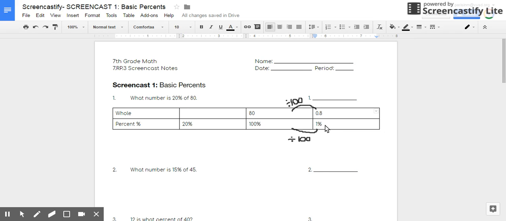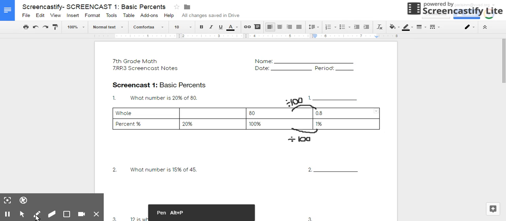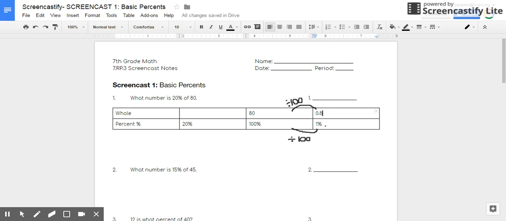Once we know 1%, we can either multiply or divide to go to another percent. So we can easily take our 1% and use it to get us to 20%. We can do this by taking 1% and multiplying it by 20.